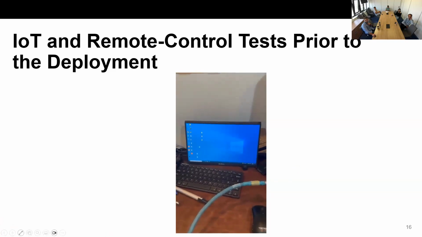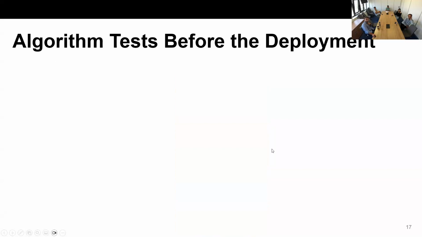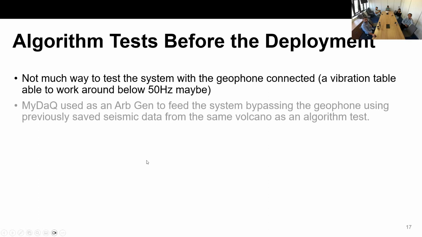But algorithm testing is not as easy as the IoT testing, because there are not many options to vibrate the geophone at such low frequencies. A vibration table able to work below 50 Hz would be a candidate test, but we weren't able to acquire one.